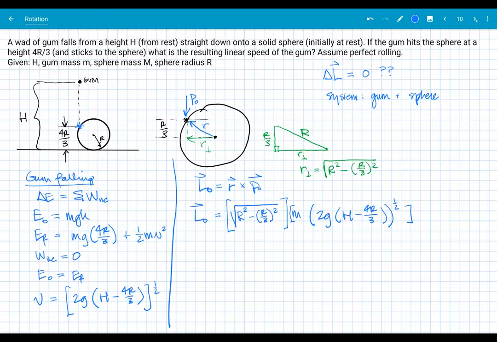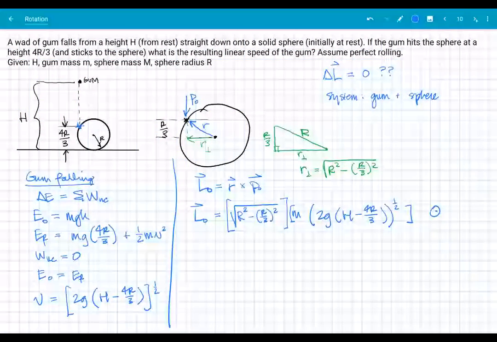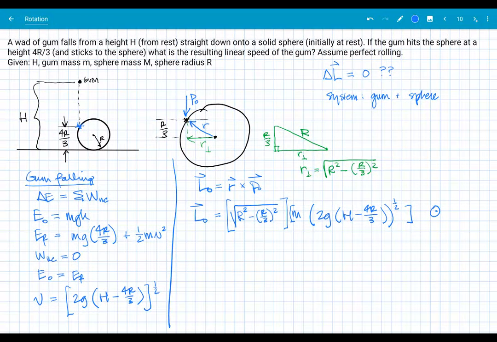And that initial angular momentum, I need to do my direction. So r cross p is going to be out of the page. By the right-hand rule, if I cross r into p, again, direction or order matters here, this is not commutative, so you have to cross r into p, and that gives you an out of the page direction. Great, I could do a little bit of algebra here and clean this up.